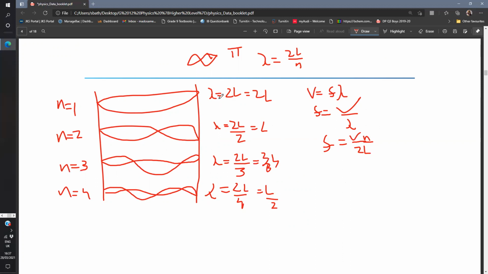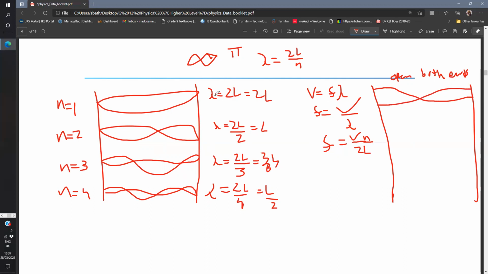So that's how you do it. Now, what if we have a similar scenario where it's open on both ends? It's a pipe that's open on both ends. In this case, this is how we draw that.